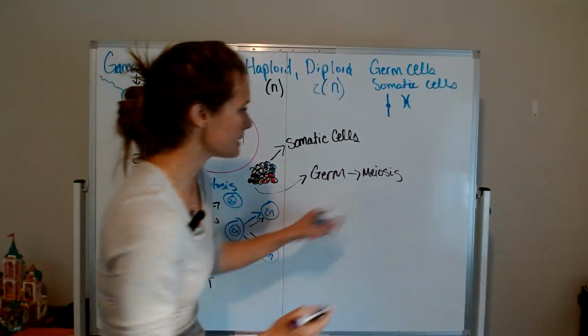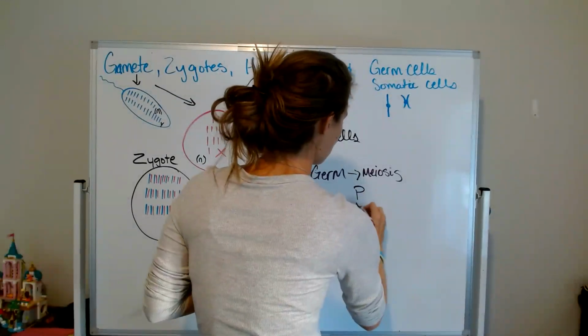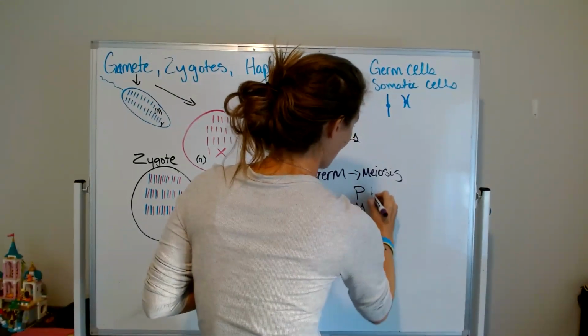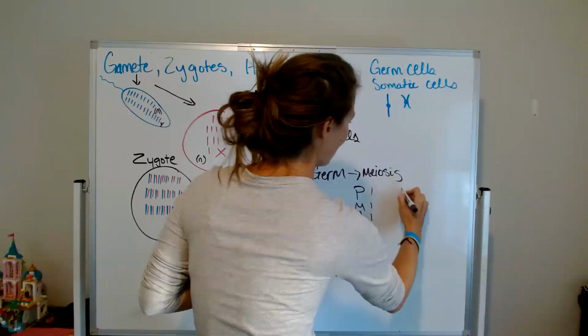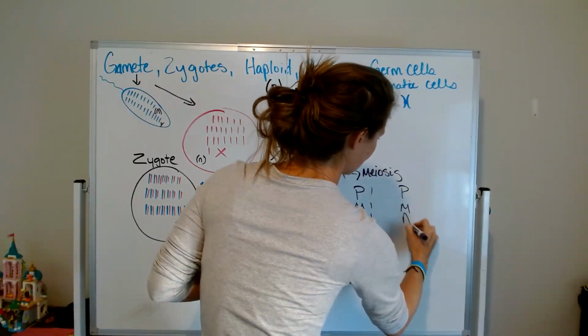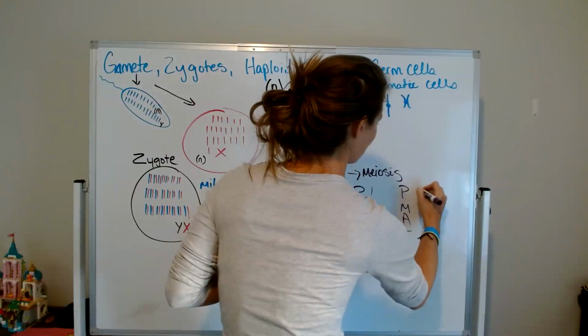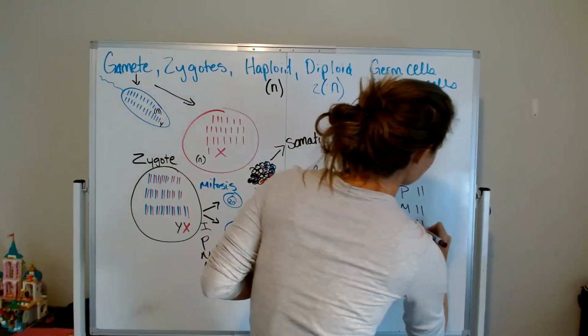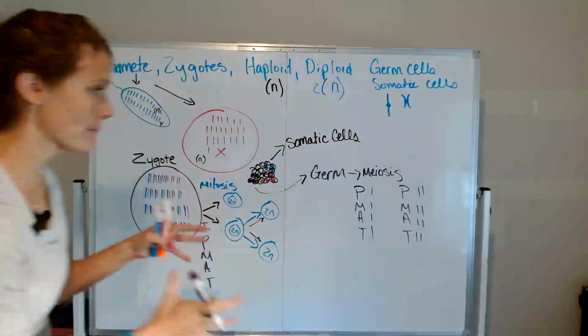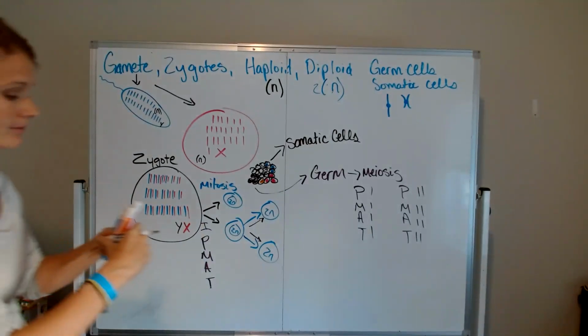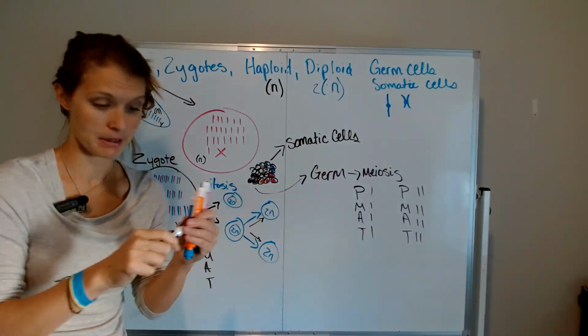Whereas in meiosis, you have PMAT 1 and you have PMAT 2.